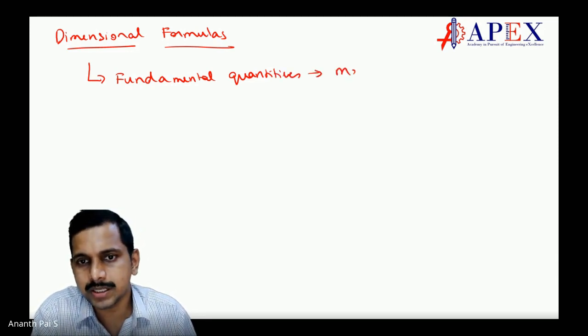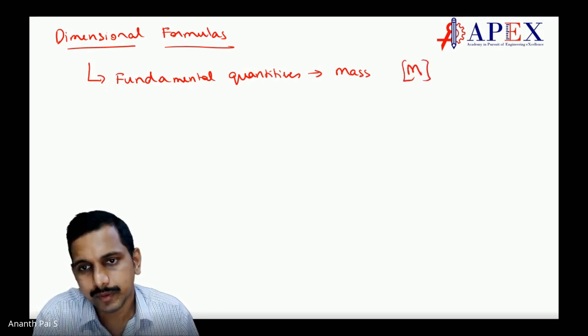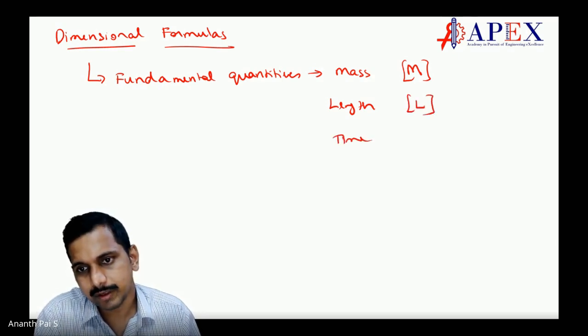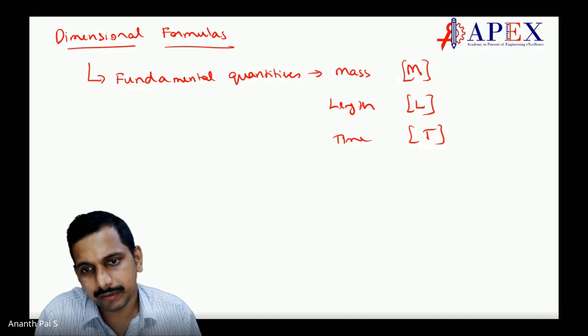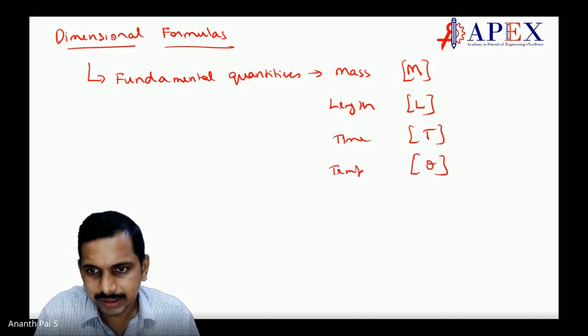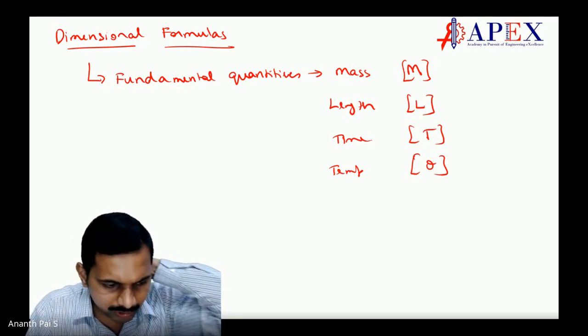It is mass, which we represent by dimensional formula M. Then length, we put it by L. Time, we put it by T. If it is temperature, we put it as theta. These are the fundamental ones which we have. Further, we don't consider more than this.